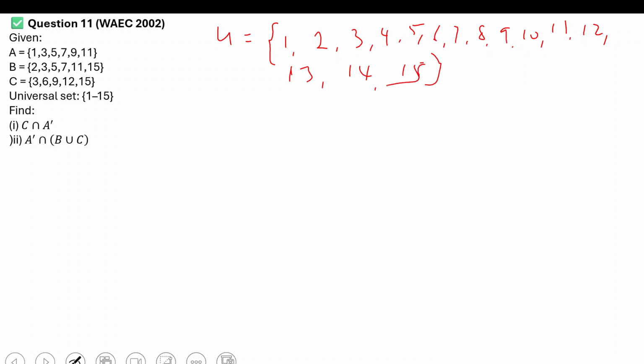All right, this is well listed. So I'll use this as my reference for A and B and C. But they say A prime, so I'll list A prime. A prime is what is in the universal set and not in A. So I see that I have 1, I have 3, but I don't have 2. I have 5.